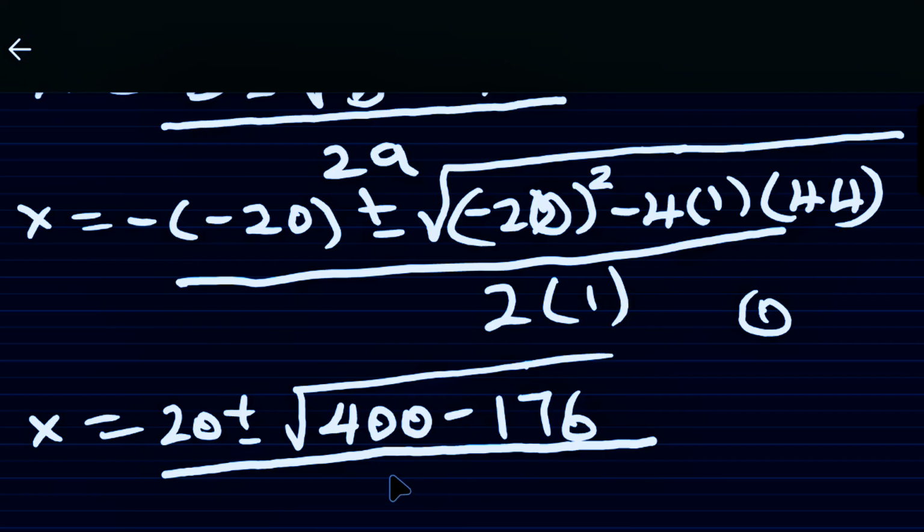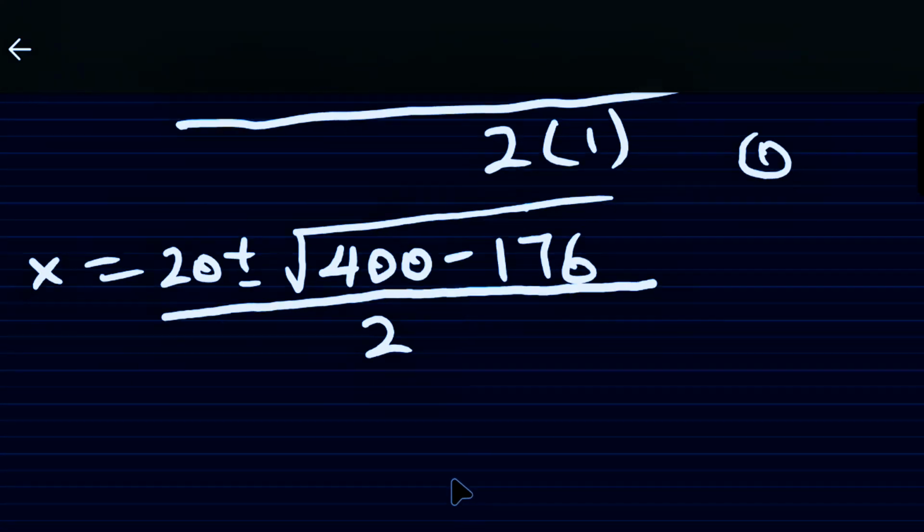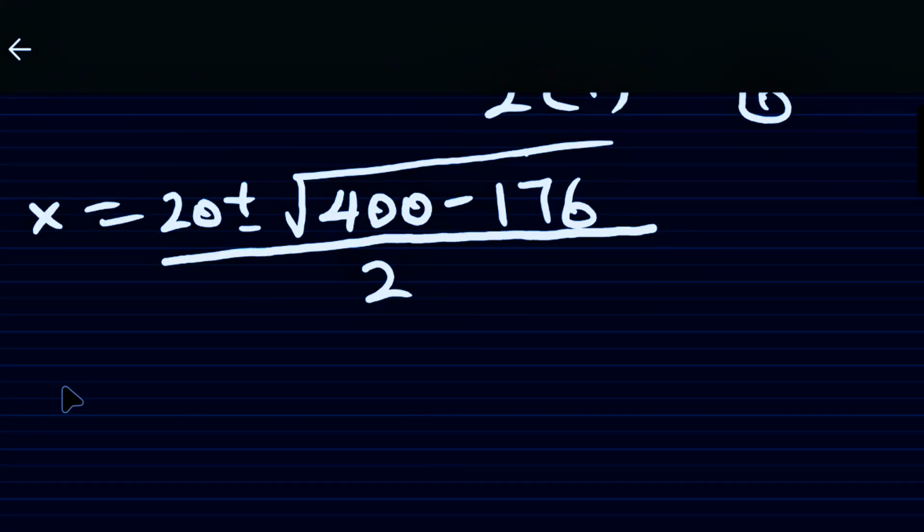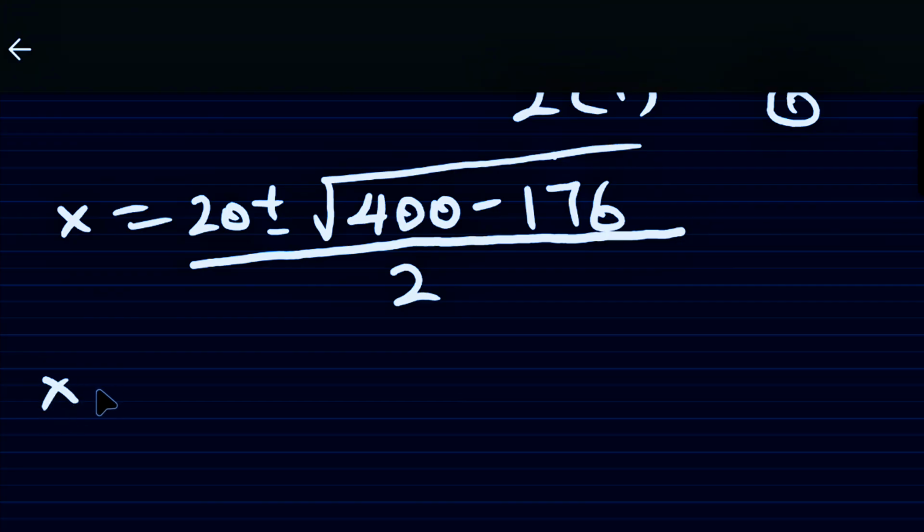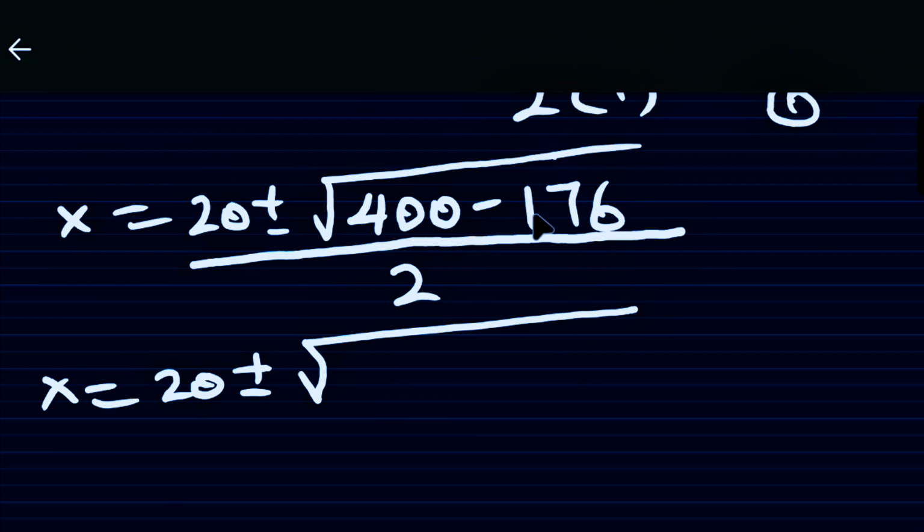Now divide by 2 times 1 is 2, okay, so let's continue. So we are going to have that x will be equal to 20 plus or minus square root of, now let's subtract 176 from 400.